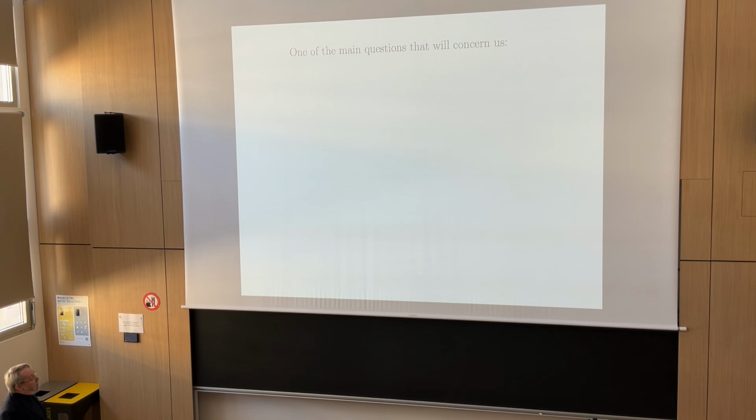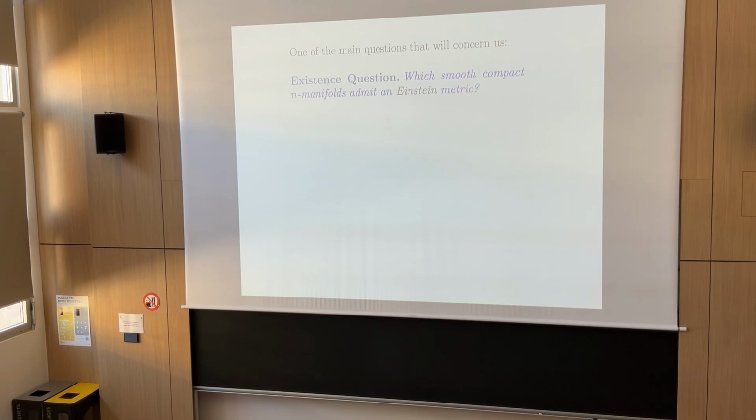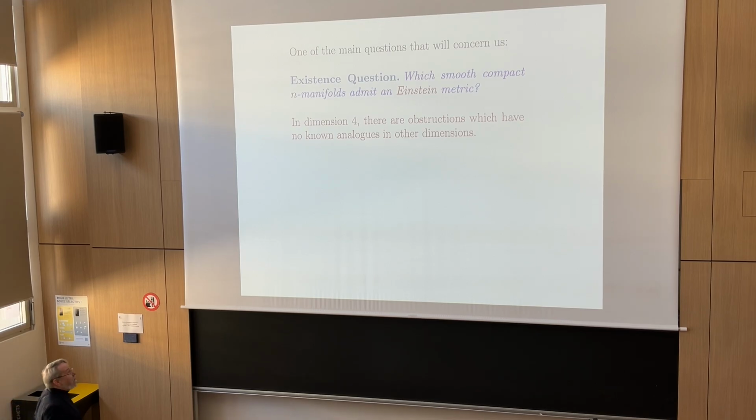All right, so what are the main questions that are going to concern us in these lectures? The first is the existence question. Which smooth compact n-manifolds admit Einstein metrics? In dimension 4, there are obstructions which have no known analog in other dimensions. We will meet the first of these in the second part of the lecture.